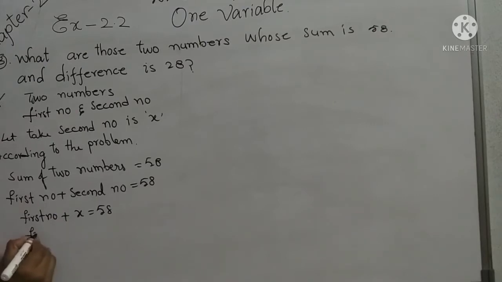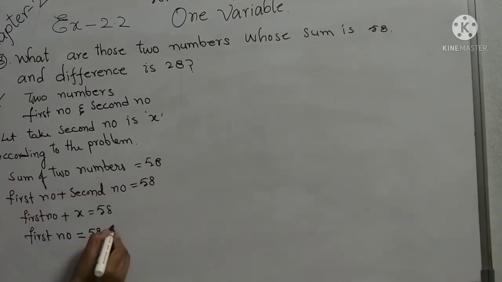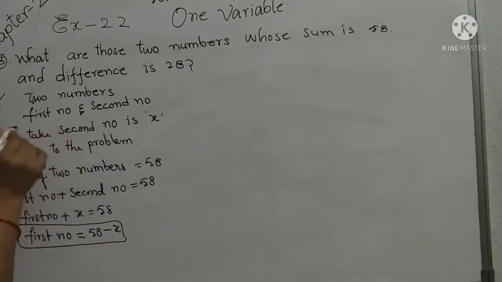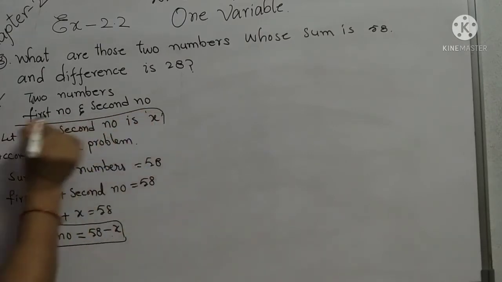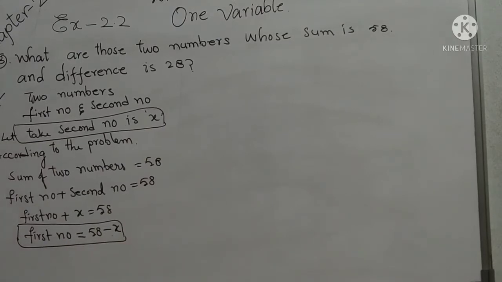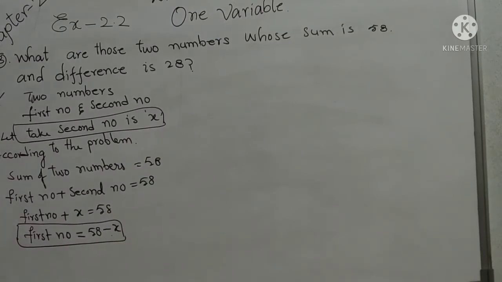So finally the first number is equal to 58 transpose, plus becomes minus x: 58 minus x. This is the first number, and the second number is x. Understand that?